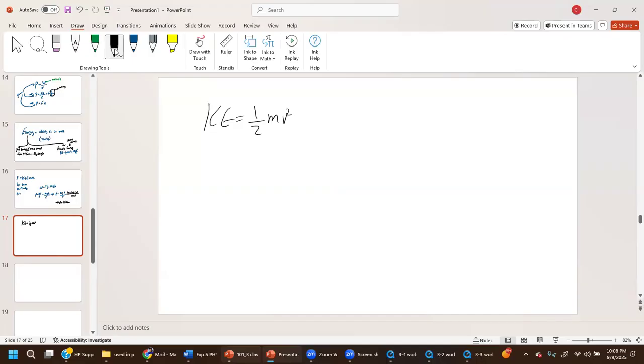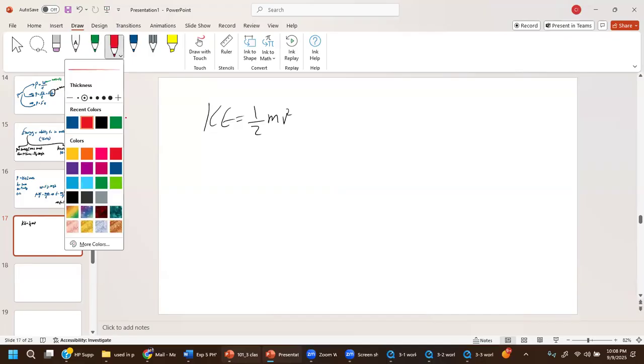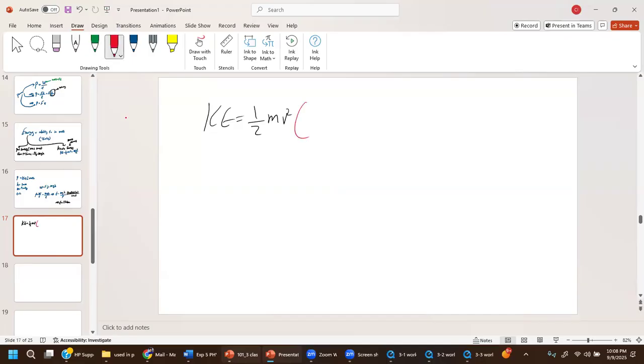Now, in terms of units, let's take a look. The 1/2 is a number, so it doesn't have a unit. The mass is going to be in kilograms, and your v is your velocity, which is in meters per second. Right now we have it squared, so it'll be meters squared per second squared.